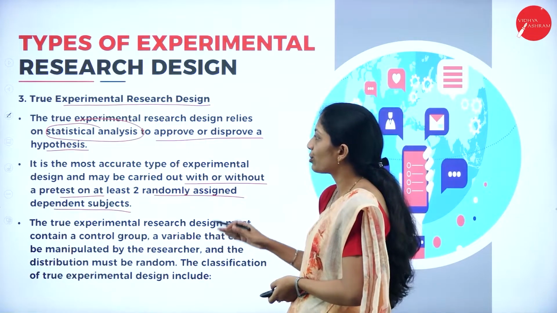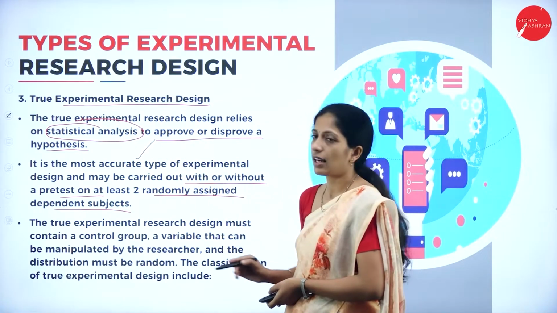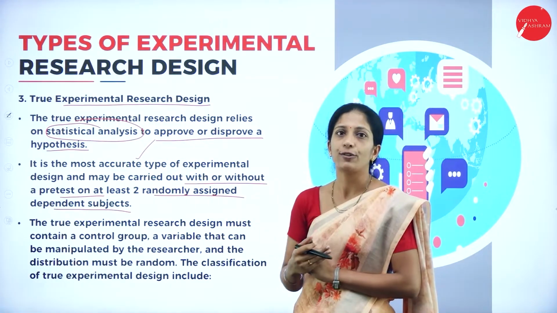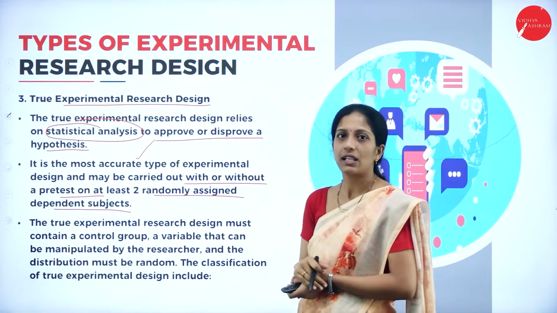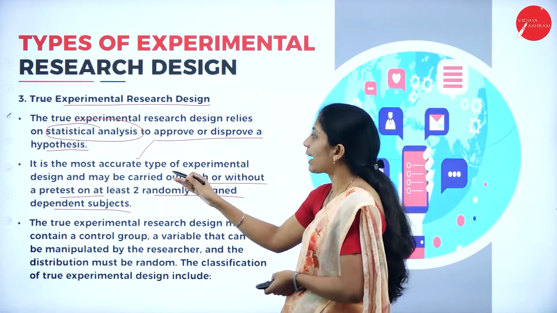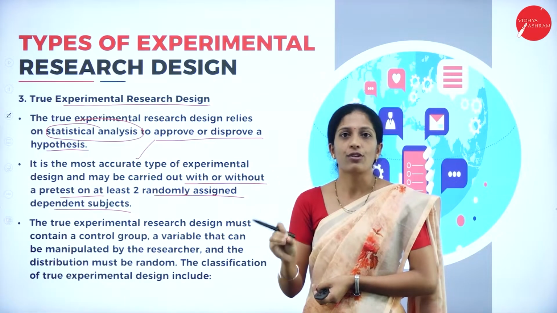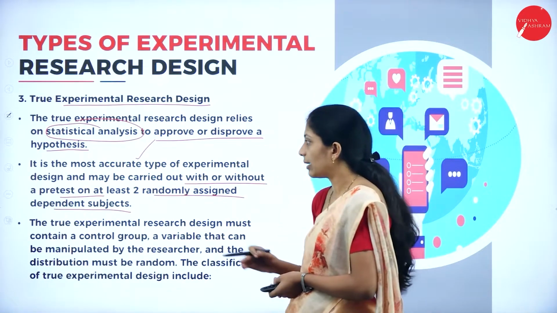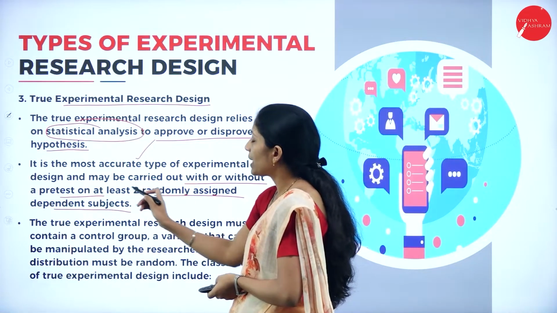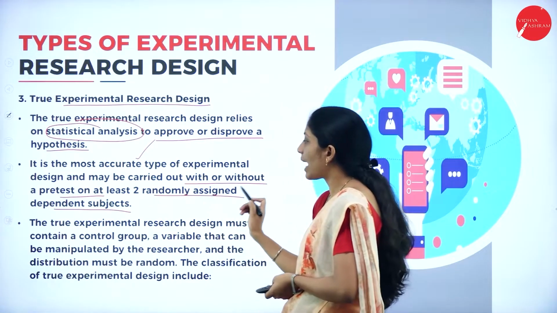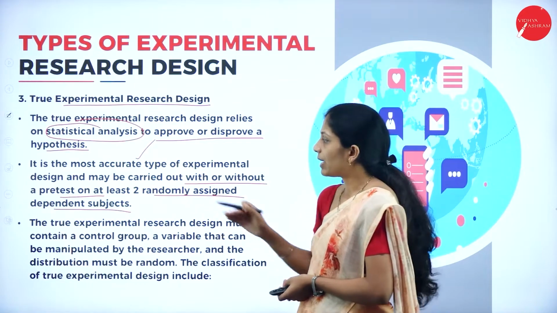When compared to the other 2 types, this true experimental research design is more accurate because it includes all the 3: randomization, control as well as manipulation.